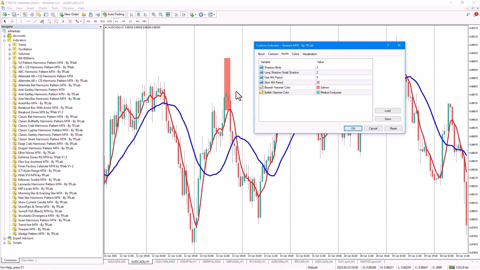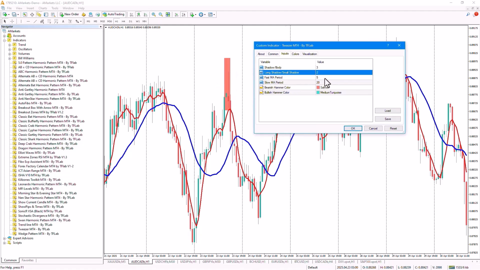The next factor needed to identify this pattern is that two candlesticks must be placed next to each other using the two factors we defined in this section, and whether these two candlesticks are bullish or bearish does not matter at all. Only the factors we have defined here are important to us.